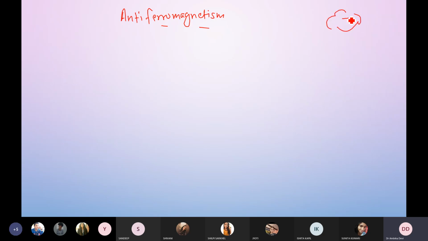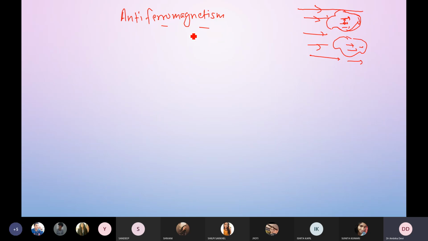There are number of domains which are formed, and when you apply the magnetic field, these domains will be aligned along the direction of the magnetic field, right? So there is an interaction energy between these dipoles, and due to that interaction energy, this type of domains are formed.